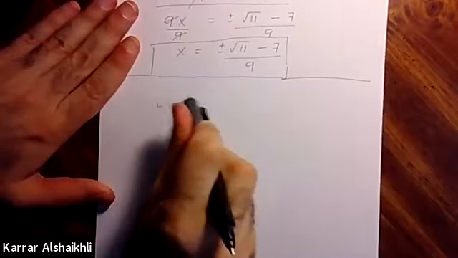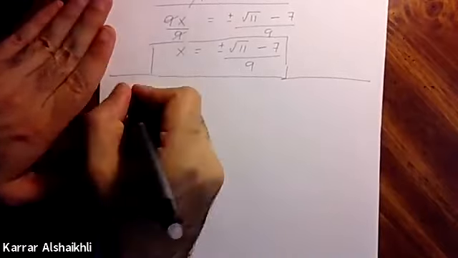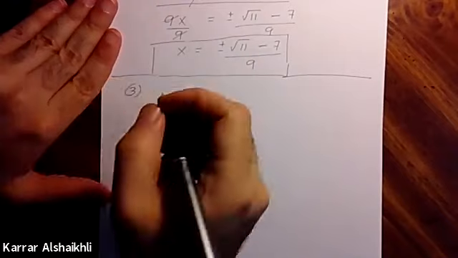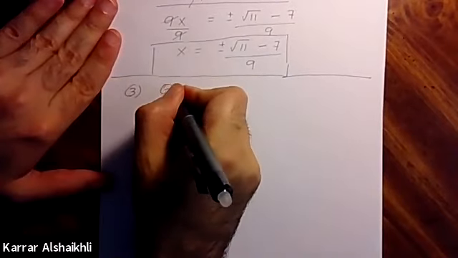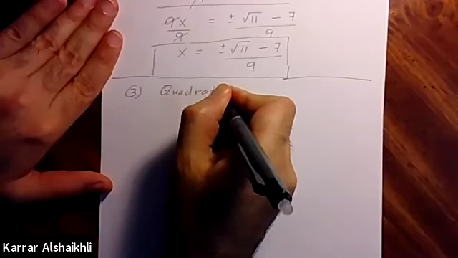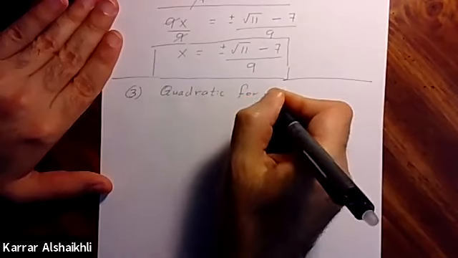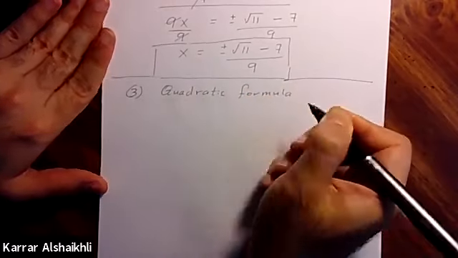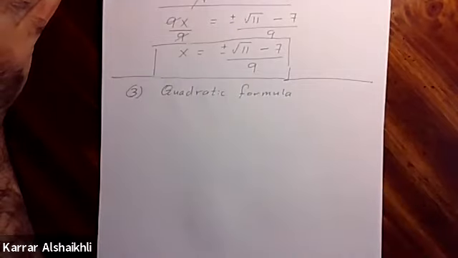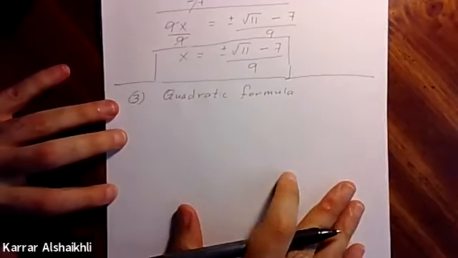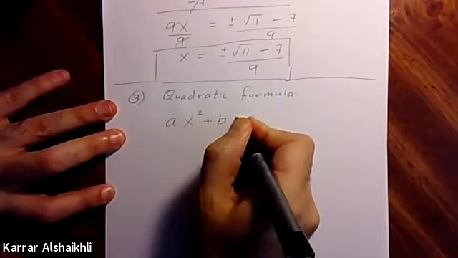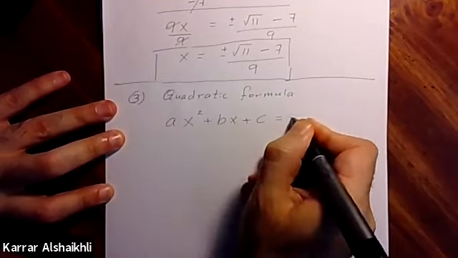First of all, let's write down the third property, the quadratic formula. Before that, any quadratic equation takes this form, which is ax squared plus bx plus c equal to 0.